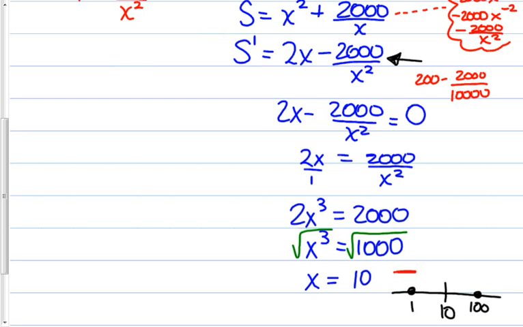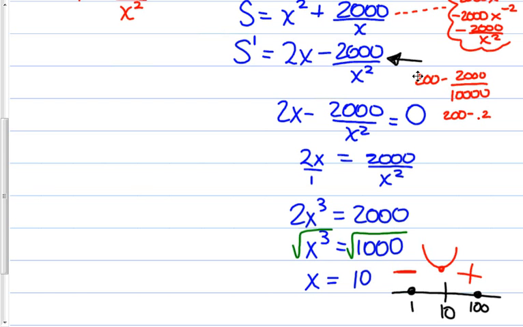So 2,000 over 10,000 is really just 1/5. So 200 minus 0.2 is still a really big number, so it's positive. So at 10, we're going down, and then we're coming back up. And this is definitely a minimum. So I am doing what I was supposed to.